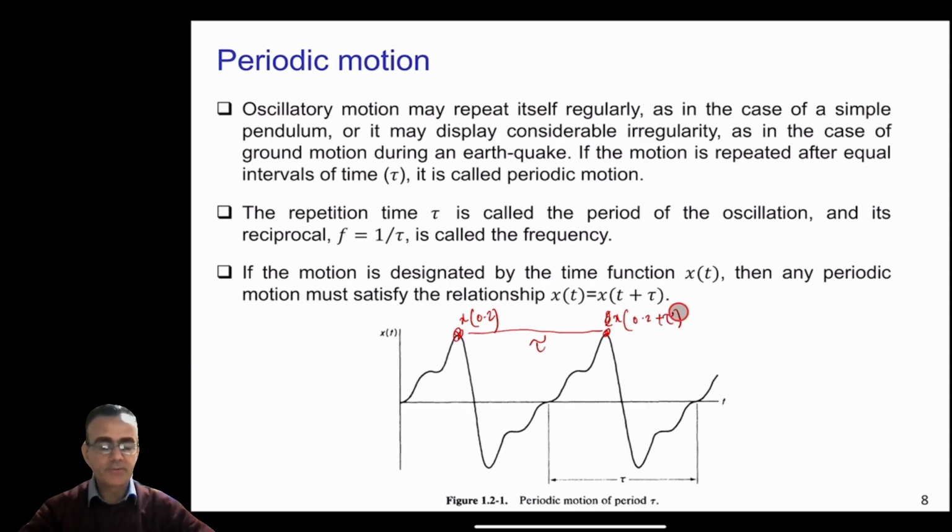So after one time period, this x will be exactly the same. So these both will be the same. And similarly, if you consider any other point, for example this point here and this point here, the time between this point and this point is again tau.